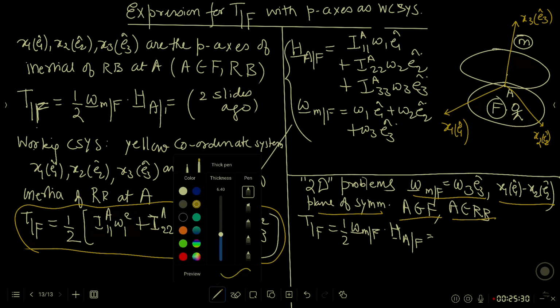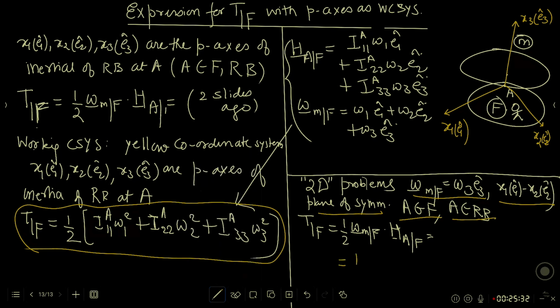Before taking this course in your life, you would have used only this expression for 2D problems. Most of the times, I think in JE problems, there is a common point between the RB and the frame, and that's why this suffices. But now you know that this is a special case. After making so many assumptions, you get to this simplified expression.